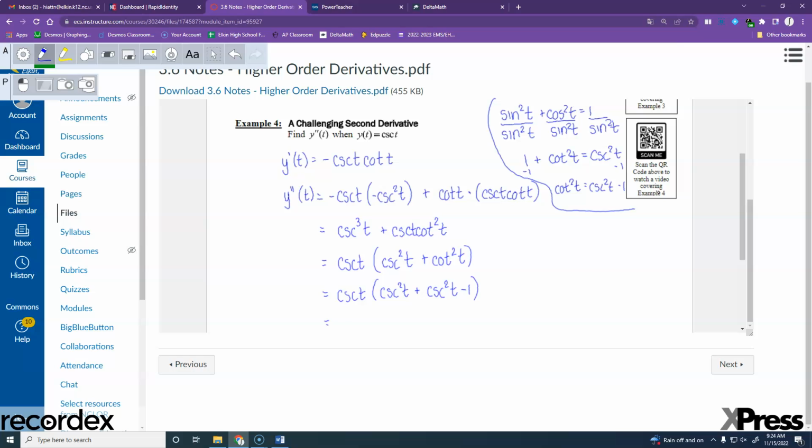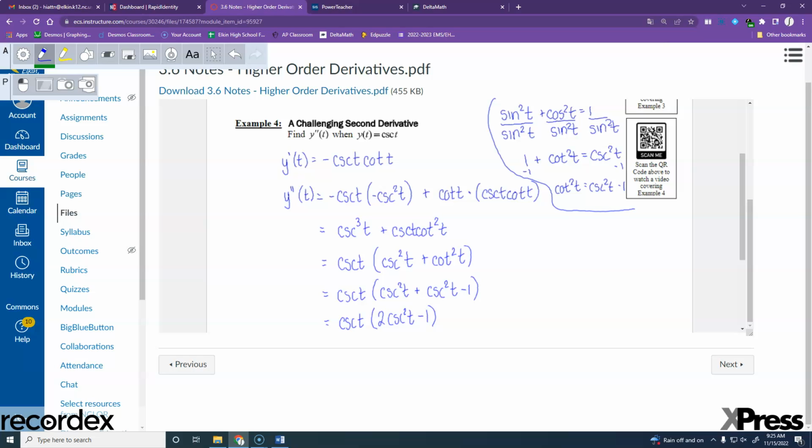And that would give me cosecant t times 2 cosecant squared t minus 1. They may leave it factored. They may distribute that back out. There's several ways they could leave that, but I think that is as far as we can go.